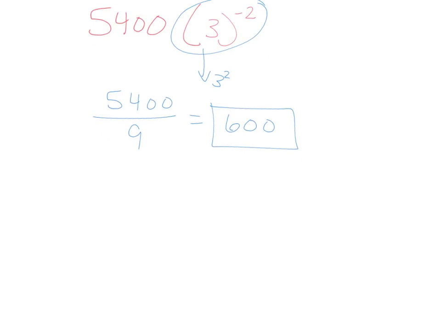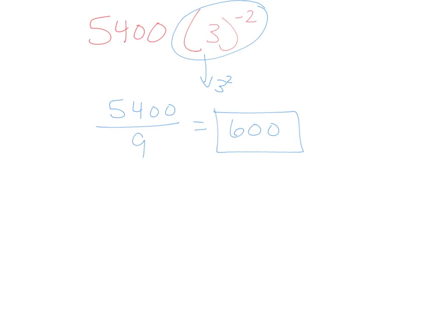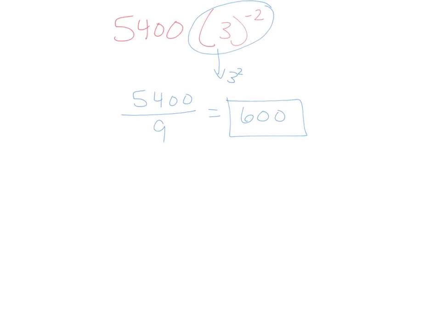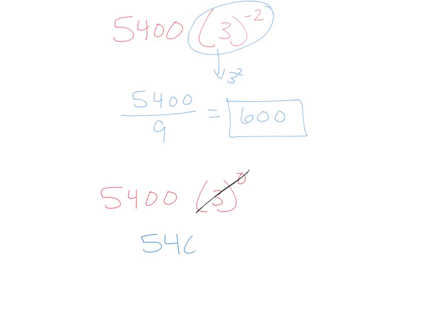Okay, so now I'm going to do the same thing, except I'm going to plug in 0. I believe that was the next one they said, right? Yep, 0 and then 1. So now I'm going to take 5,400 times 3 to the 0 power. Well, again, anything to the 0 power is 1, so this is like it doesn't exist, and your answer is going to be 5,400. Okay?